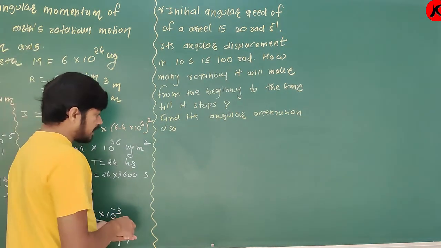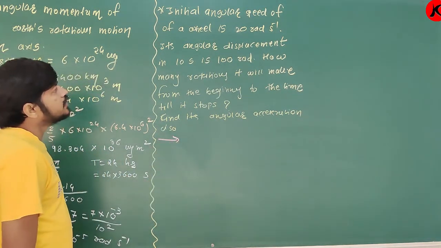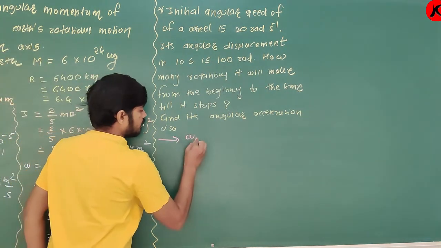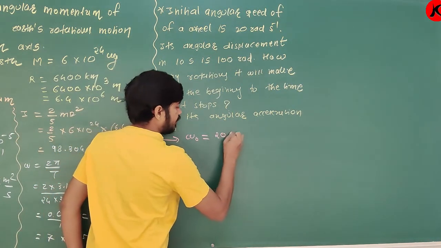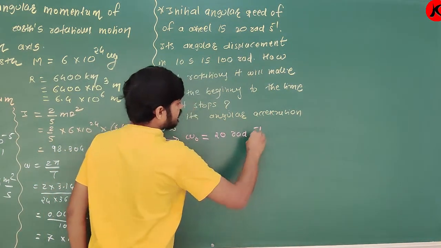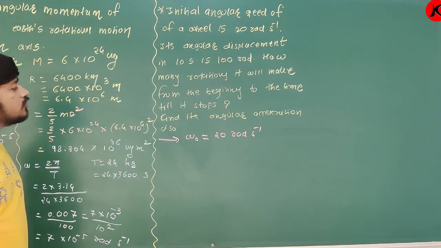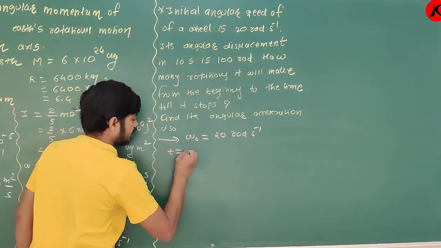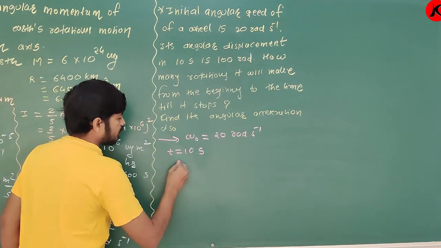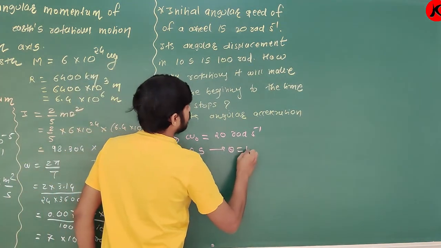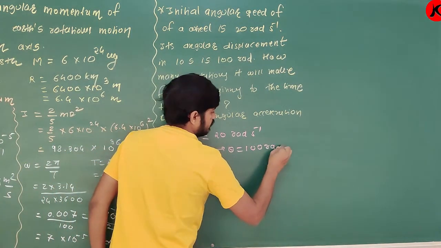First of all, we will write here. Initial angular speed omega 0 is equal to 20 radian per second. Its angular displacement in 10 seconds, t is equal to 10 seconds. Angular displacement means theta is equal to 100 radian.